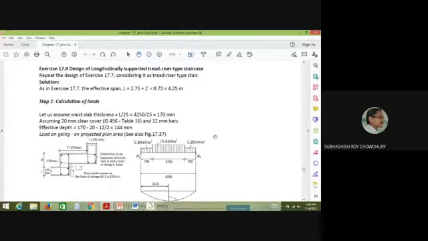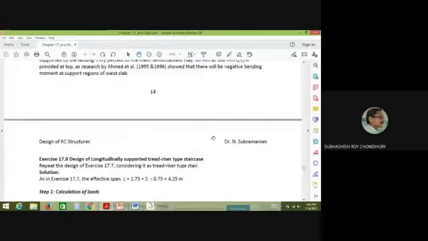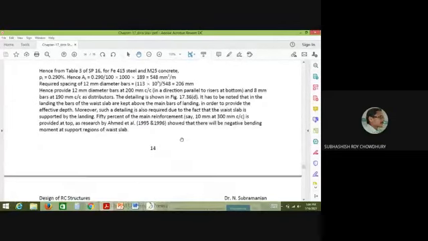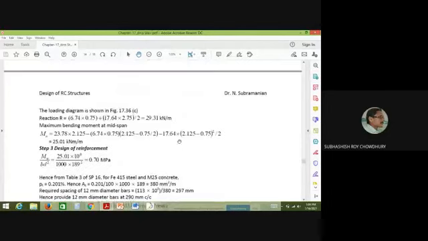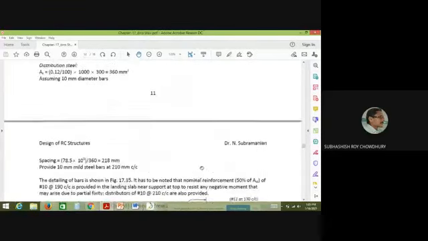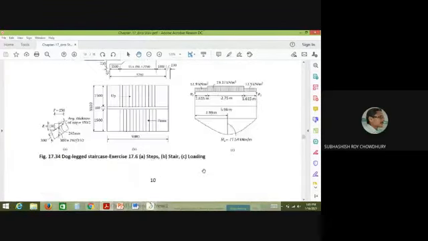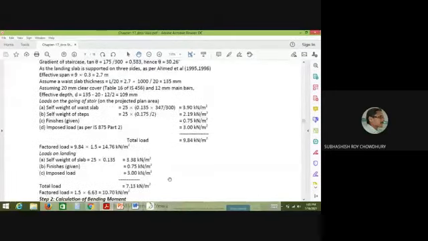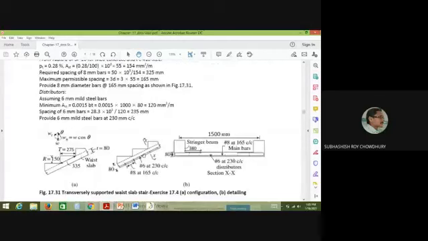If you get time, you just try to, not actually this one, very uncommon, but whatever the two problems I have discussed, that you must know, and along with that, if possible, if you get time, then you may go through the problems that are given for the transversely spanning stair, like this one.